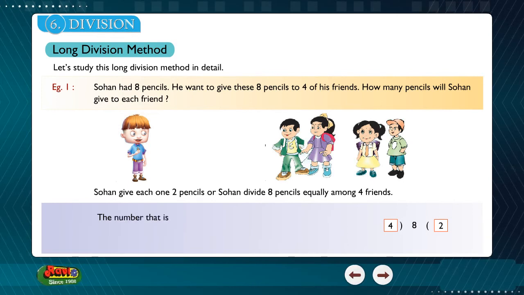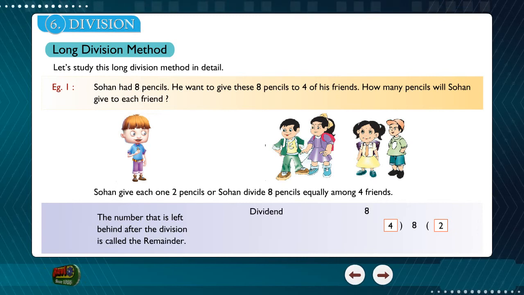The number that is left behind after the division is called the remainder. Dividend 8. 4 friends get 2 each. 4 into 2 is equal to 8. Remainder 0.